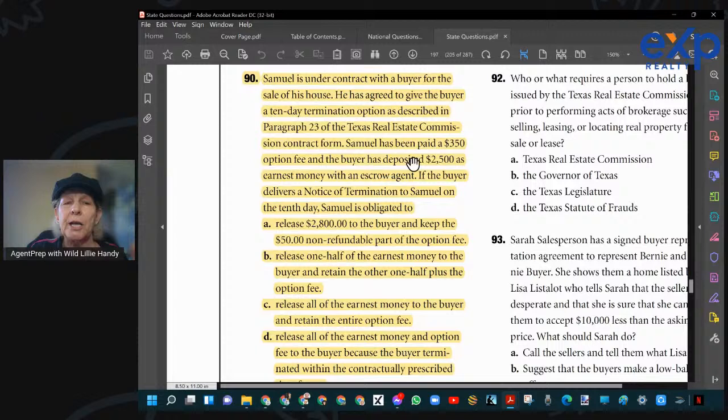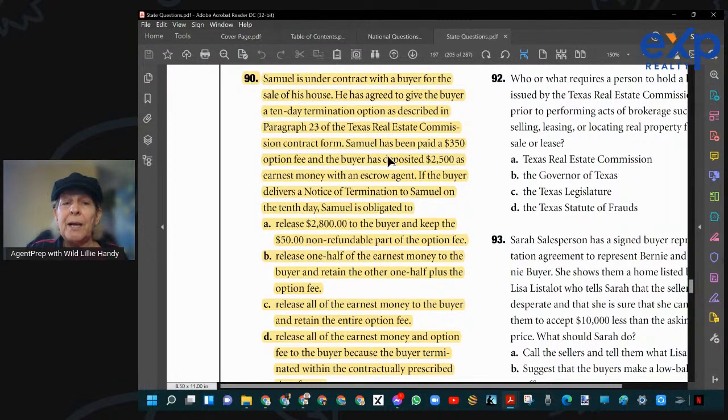Well, this has changed. It is now at the beginning, on the first page of the contract, instead of paragraph 23. They compared it with the earnest money deposit on section 3 of the exam. So that has changed, so that's why it's highlighted. It's no longer paragraph 23. However, option period is still option period.